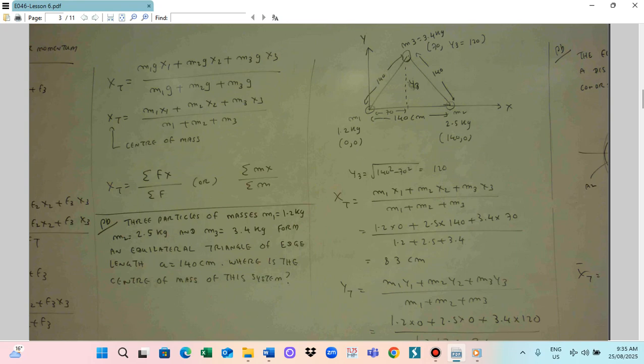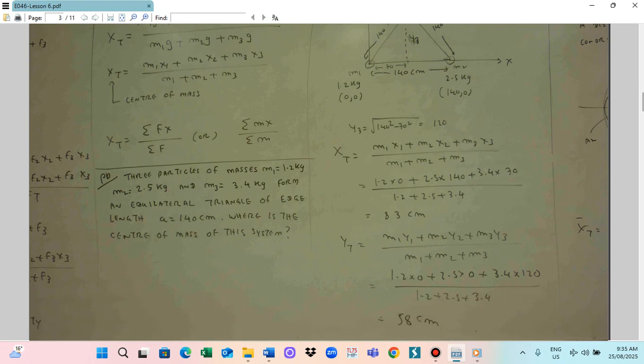By solving this, the H total we got is 83 centimeters. And also the Y total we calculate as m1 Y1 plus m2 Y2 plus m3 Y3 divided by m1 plus m2 plus m3. So m1 will be 1.2 times Y1, where Y1 is 0. m2 is 2.5.